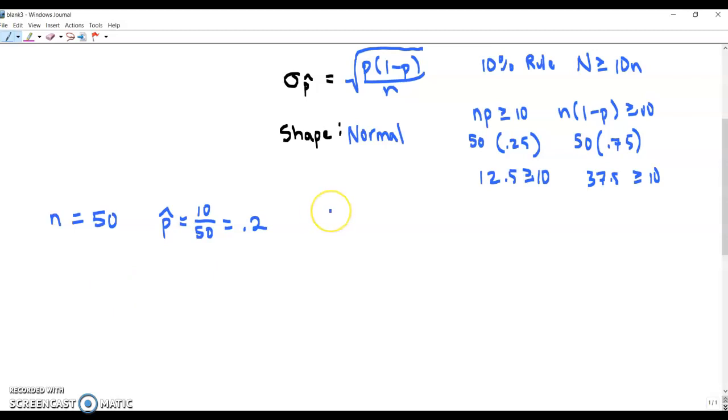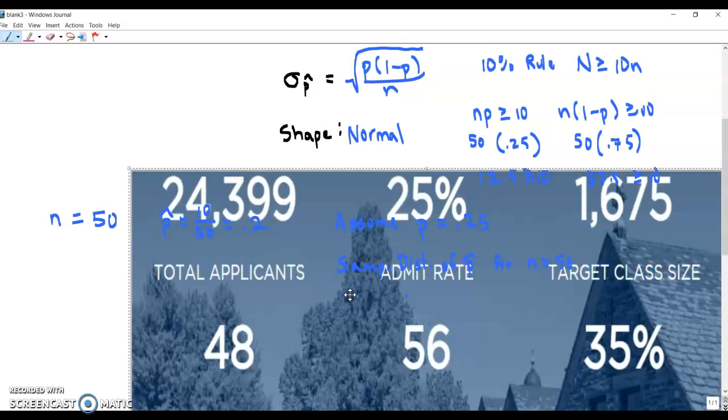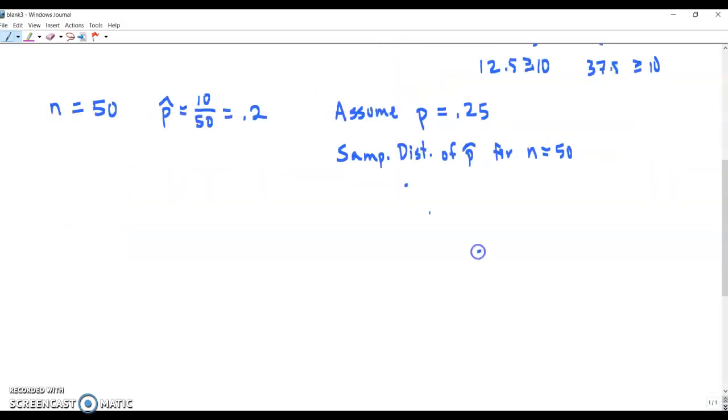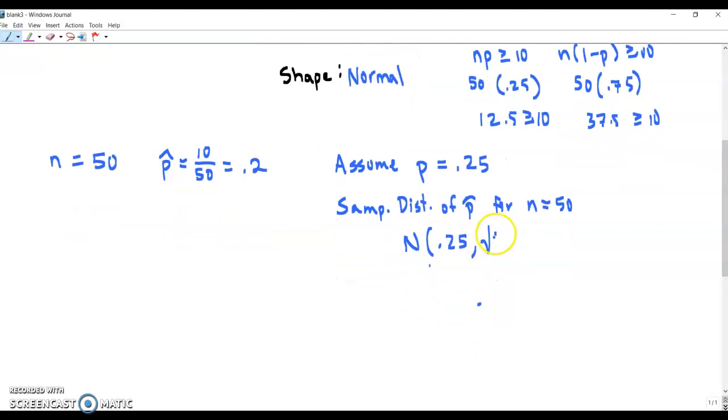In other words, assuming p really is equal to 0.25, therefore the sampling distribution of p hat for samples of size 50 is normal with a mean of 0.25 and a standard deviation of radical 0.25 times 0.75 over 50.